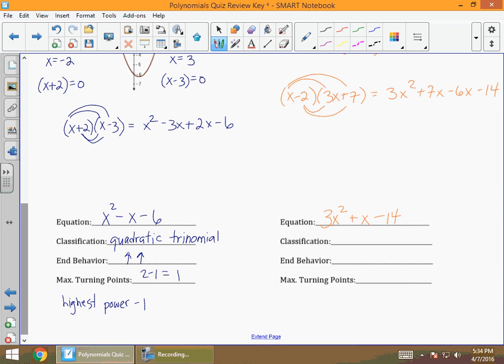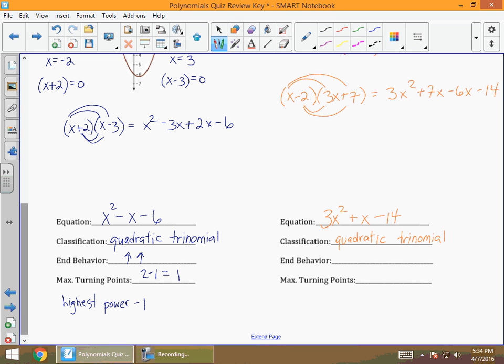Classification, the power is 2, so it is quadratic. And there are 3 terms, so it is a trinomial. The end behavior, possibly the best way to find this end behavior is actually to type that equation right into your calculator and graph it.